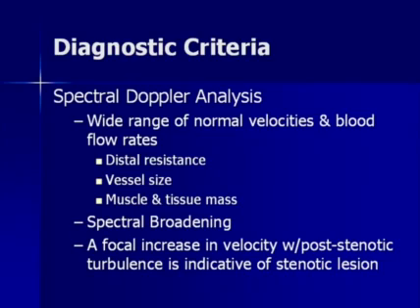The vessel sizes differ, muscle and tissue mass differ, and all those come together and give us a pretty broad range. So an absolute velocity is not often used to define normal, but rather velocity ratios.